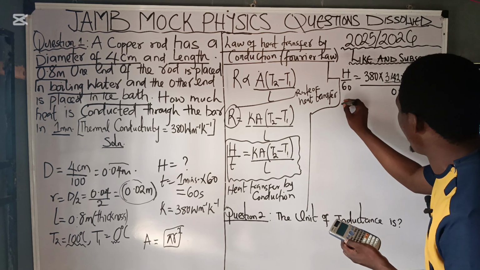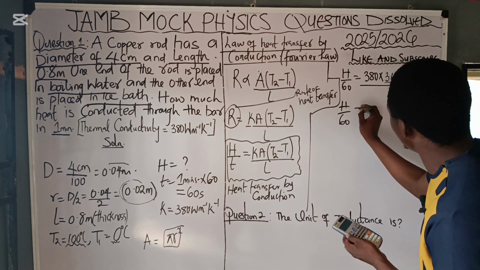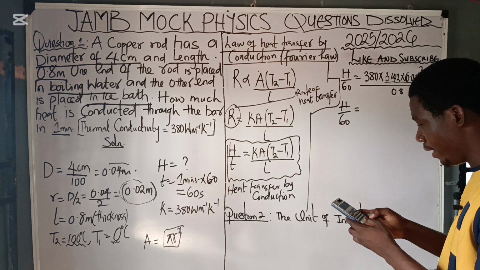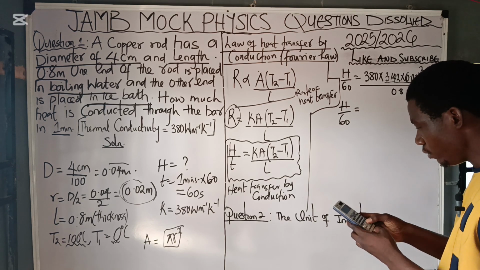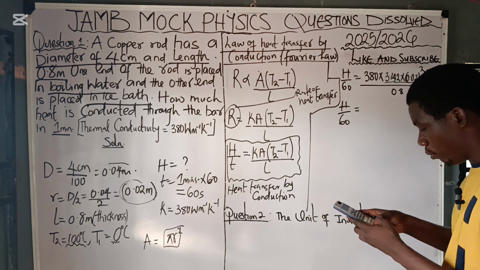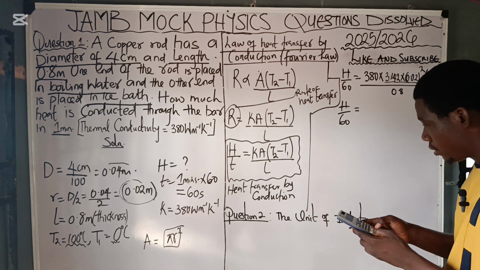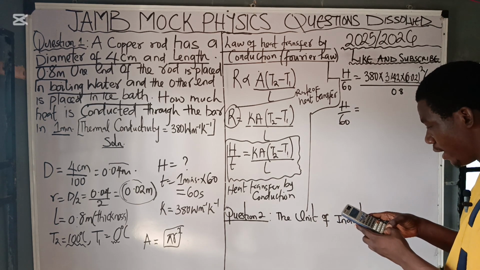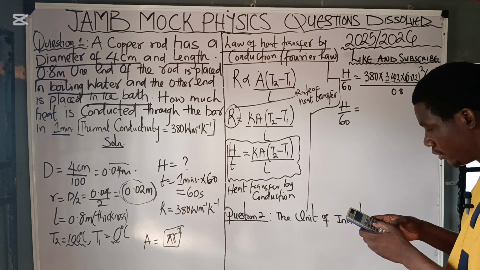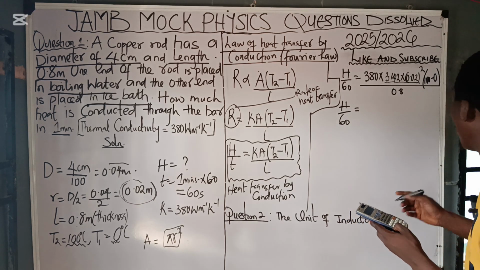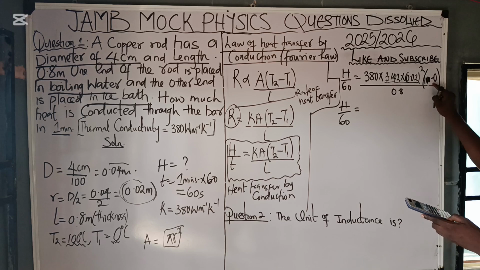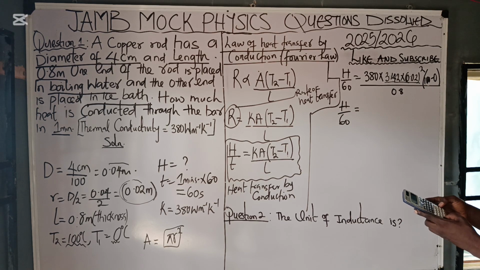First of all, you have H over 60 equals to 380 times 3.142 times 0.02 square times, I hope you know that if you minus 0 from 100, you have 100. So times 100.